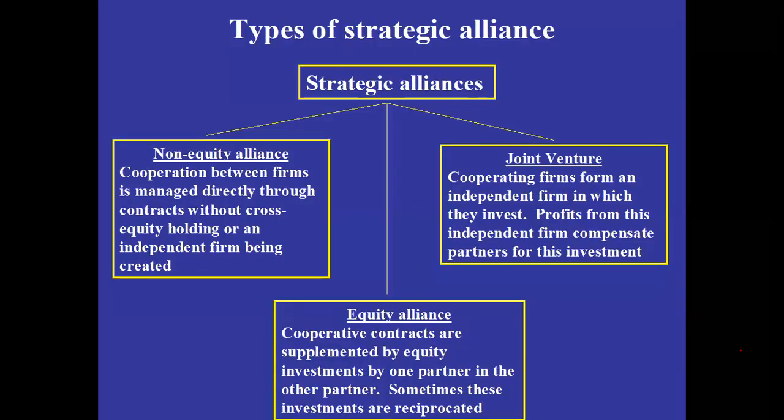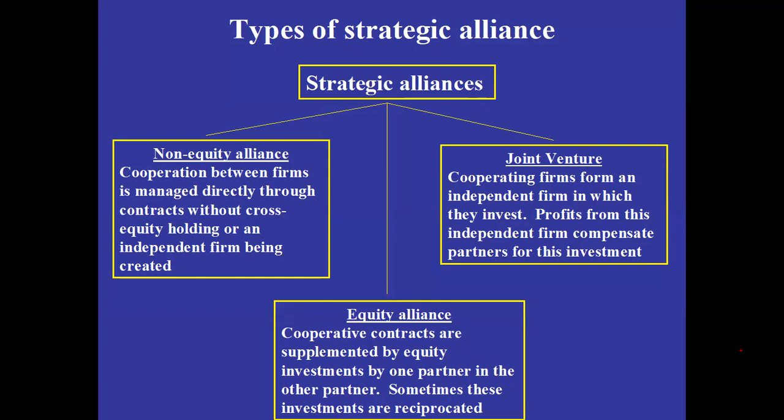Strategic alliance. Under your strategic alliance, you have your non-equity alliance. That is cooperation between firms that is managed through contracts without cross-equity holding. You also have your joint venture. This is under your strategic alliance. Your joint venture is cooperating firms and form an independent firm in which they invest.